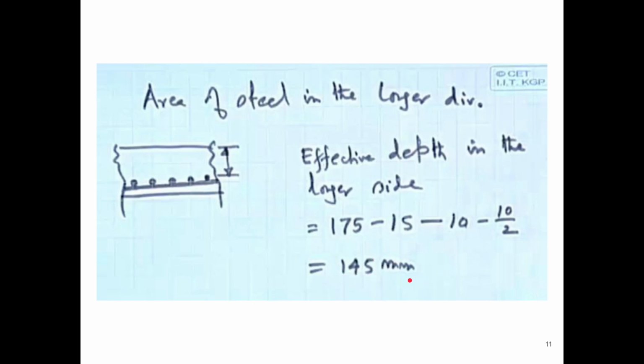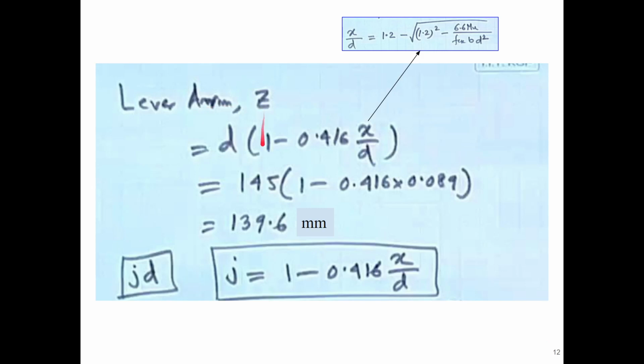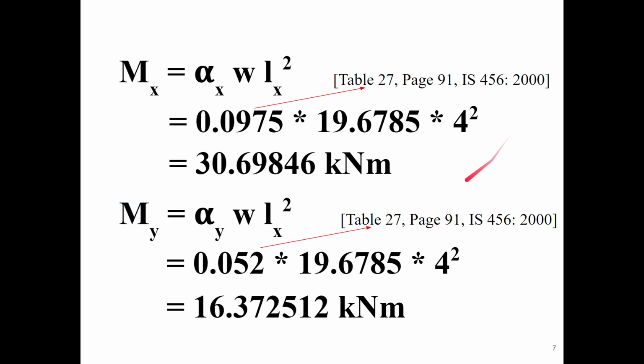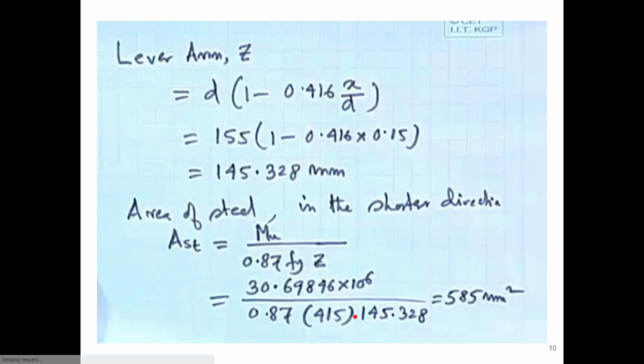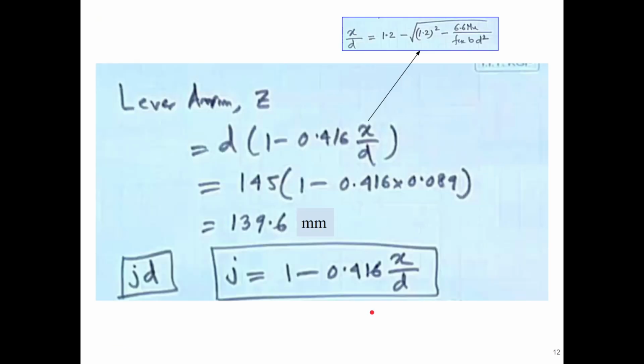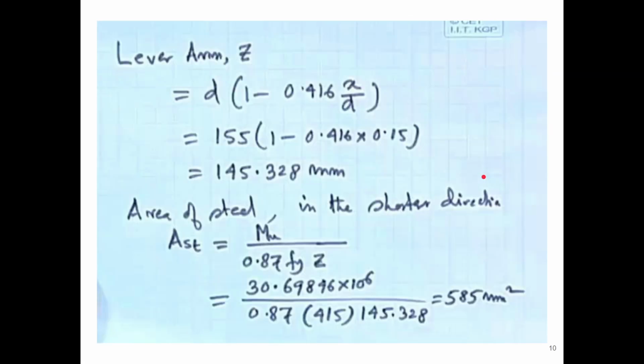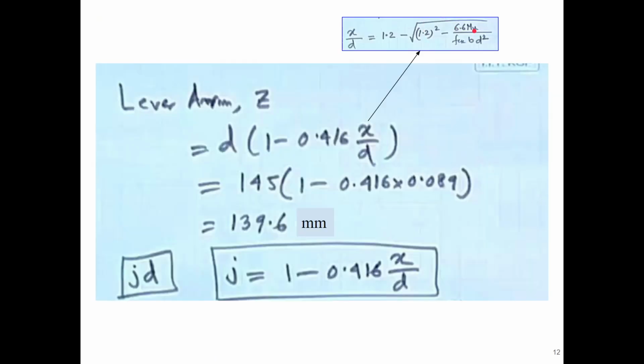So 145 millimeter. The lever arm Z will be D into 1 minus 0.416 x by D. Here x by D they have again calculated using this equation, just substituting the values. Mu is 16.372512, because it is in the y direction, that is 16 point something kilonewton meter.